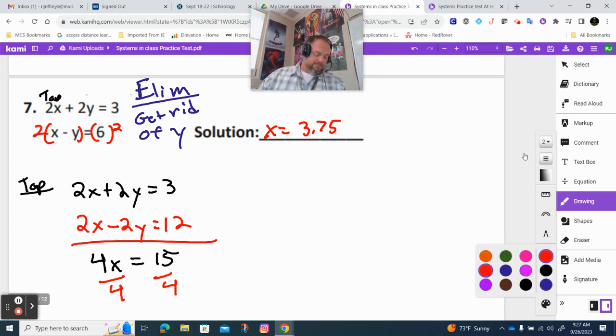Now, what do you want to use to find our y? Do we want to use the top or the bottom? The top, because there's more numbers.